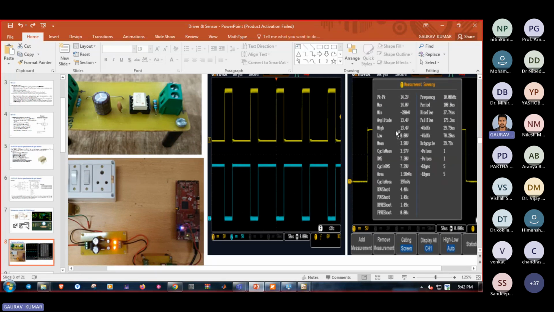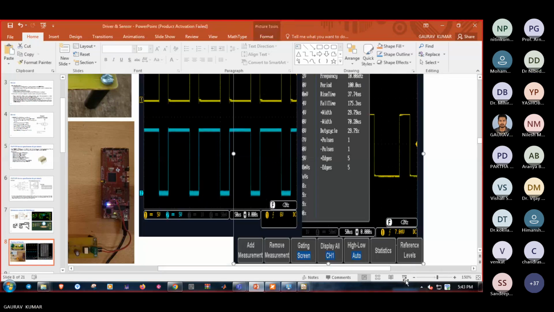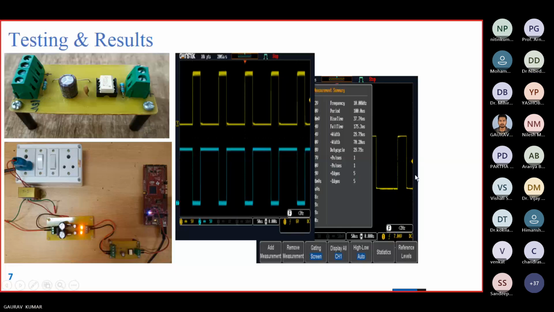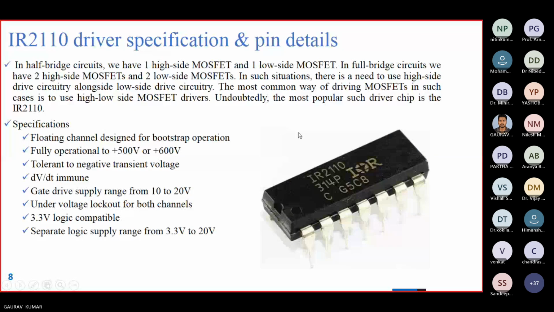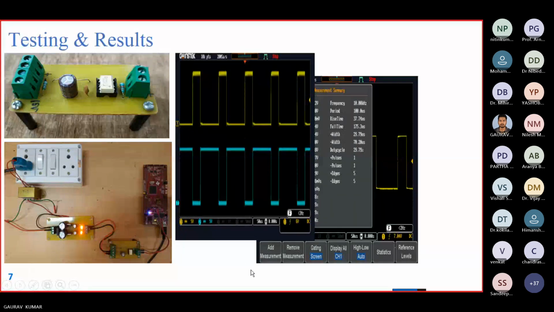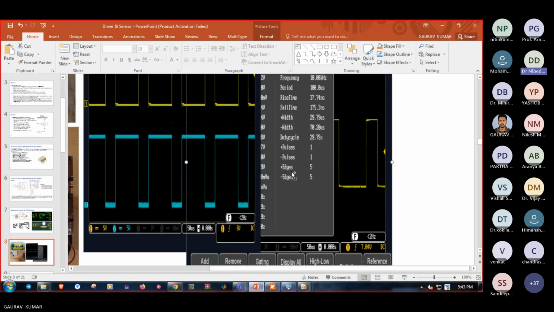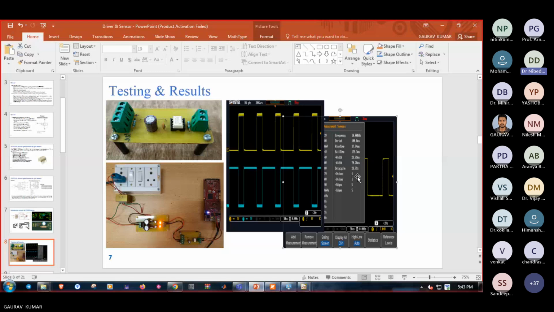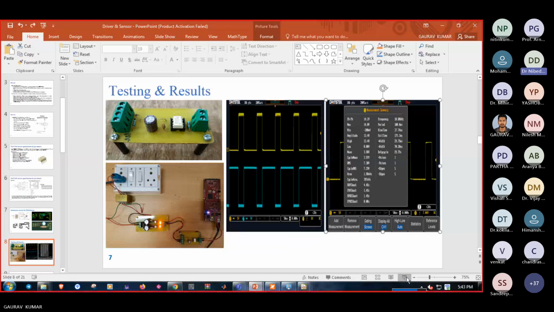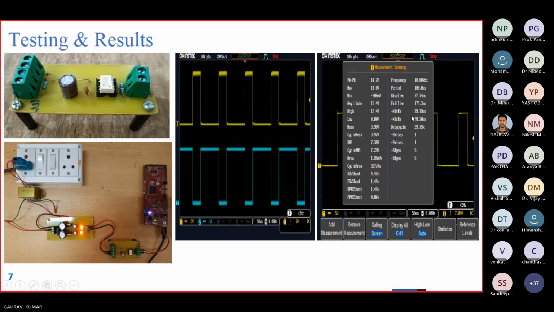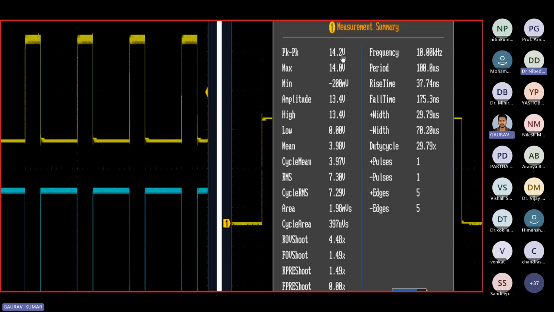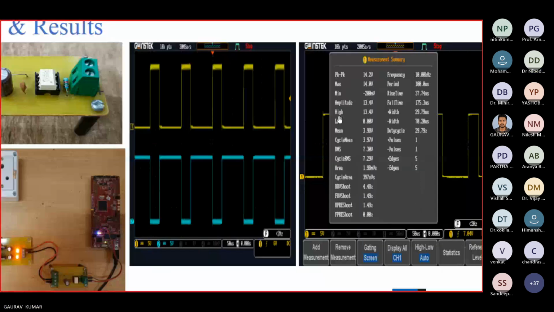You can see the output peak is 40.2 volt, which is very much sufficient to drive the motor.